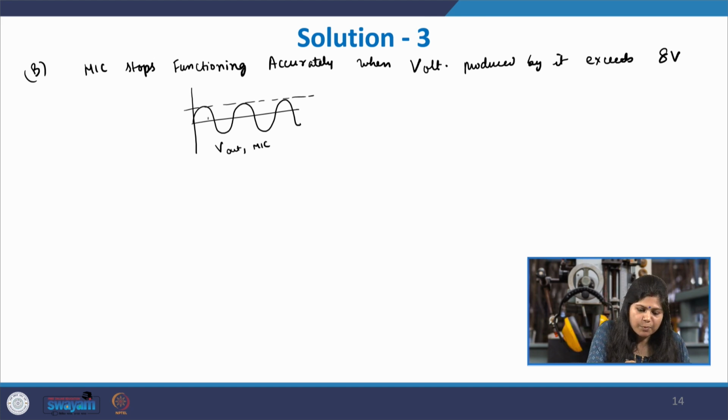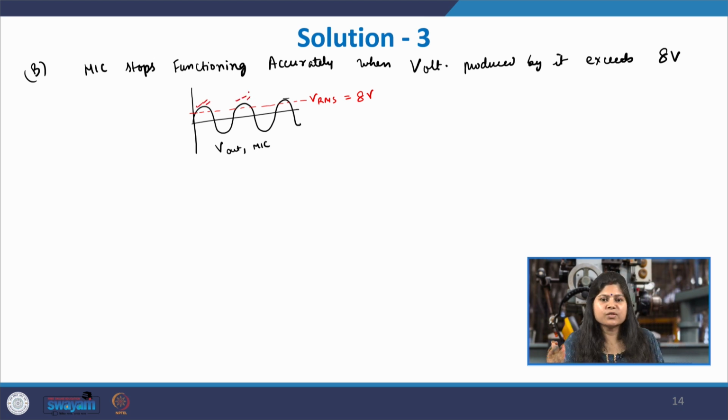If RMS was set to be 8 volts, RMS would be something like 1 by root 2 times the peak voltage. If you set the RMS to be 8 volts, there are certain times where the instantaneous value exceeds 8 volts. So, the microphone would be damaged, it will stop functioning. So, the maximum value has to be 8 volts, which means you have to set the peak voltage as 8 volts.